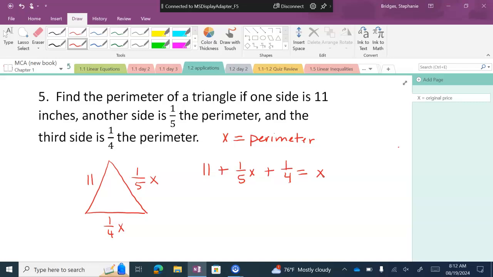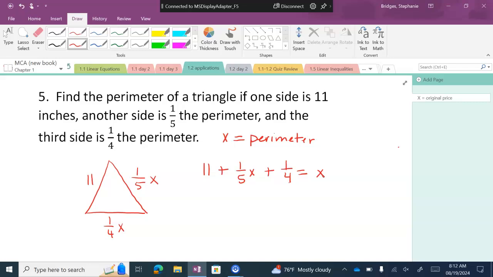What do I need to multiply by to get rid of those fractions? It doesn't give me any specific details as to what type of number my perimeter should be. No, so that means I can get a fraction or a decimal.